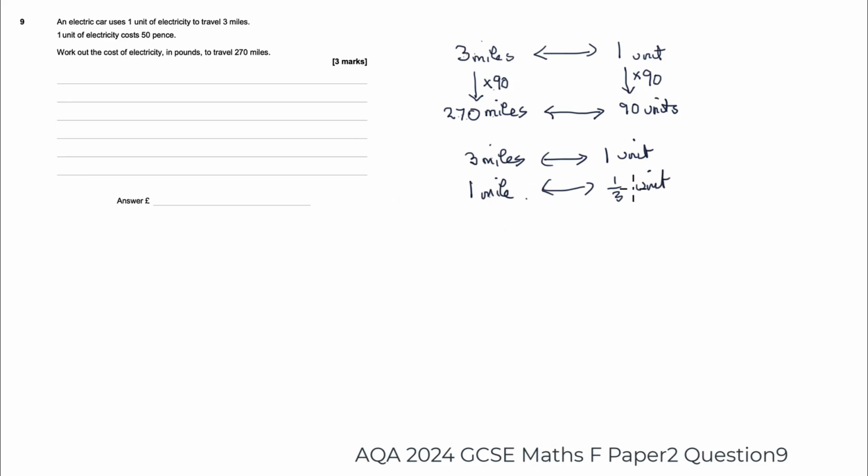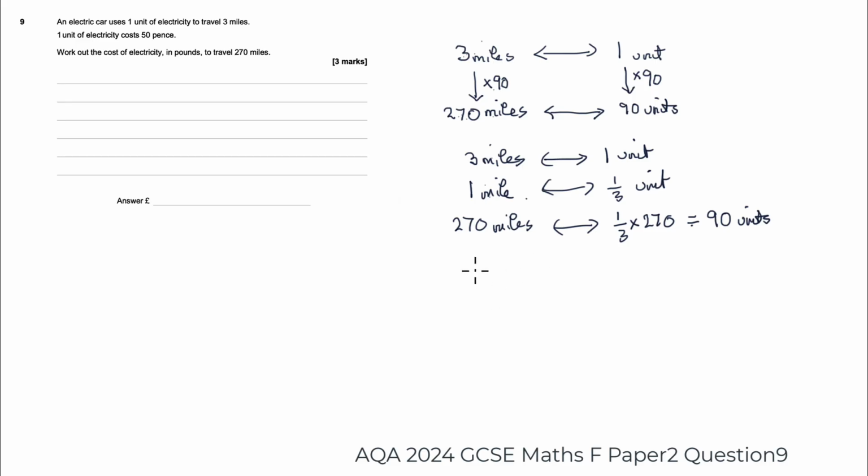So if you know how many units you're using per mile for 1 mile, and you're trying to work out 270 miles, you just multiply by 270. So you've got 1/3 of 270. And on your calculator, divide 270 by 3, you'll get 90 units. So either way would be fine.